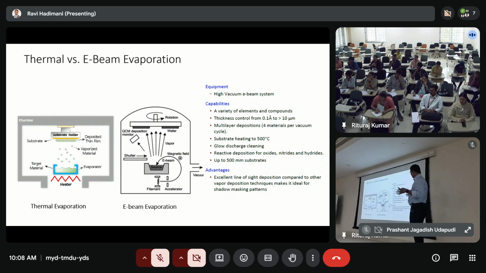That's quite big. So you can deposit on large materials, and there is excellent line-of-sight deposition, meaning you deposit directly above the target, so you get a good deposition rate as well.